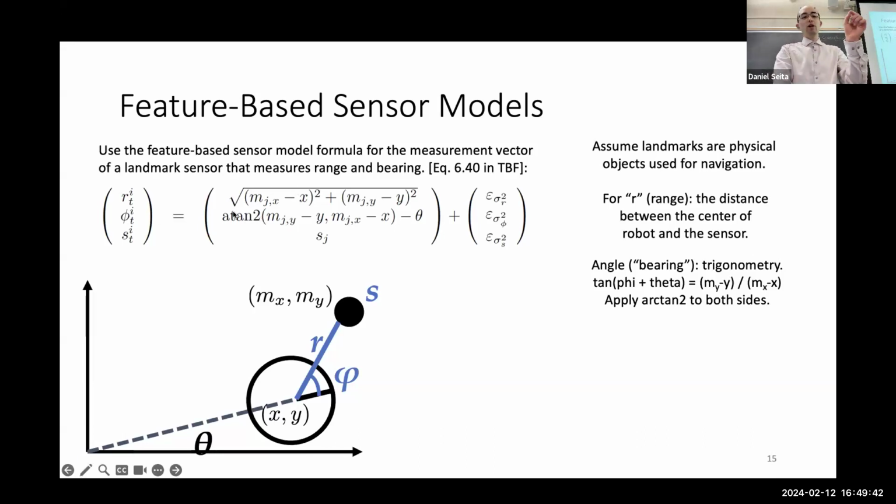This angle is going to be the arctan2 of these two components minus theta. You see how to get that? Again, I can do a very quick sketch.